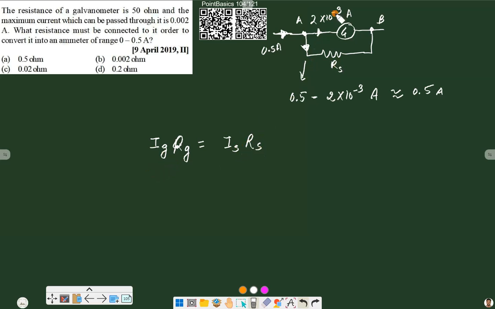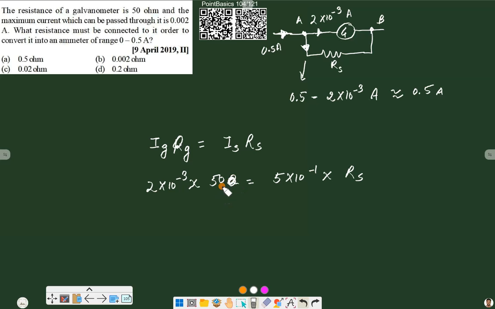Now the value of Ig is 2 into 10 raised to power minus 3, and the resistance of the galvanometer is 50 ohm. Current in the shunt resistance is almost 0.5, so 5 into 10 raised to power minus 1, into Rs.